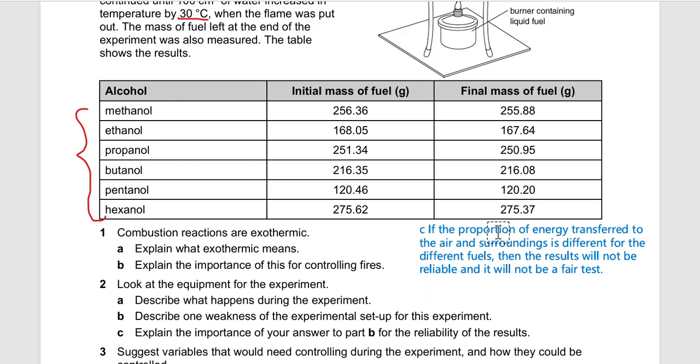So if it is different for different types of fuels, then the results are not reliable. So we don't have any control over that. So then it's not a fair test. We can't say it's a fair test because these things are not controlled and we are unable to control them. Alright? Okay, you can copy it down for question 2 part C.